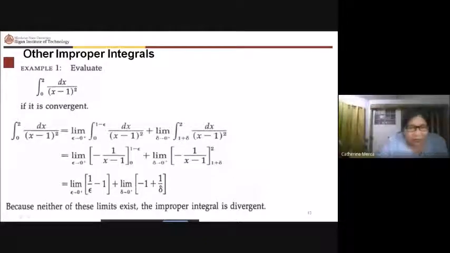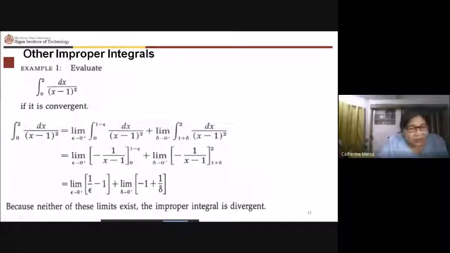Pero, pwede siya bahinon. That is, nagkuha mo from 0, and then sa dili pa siya makaabot sa 1, which is 1 minus epsilon dx, plus limit na pod, after na pod gamay sa 1, that is 1 plus a certain delta. So, kung asa siya ma-undefined, as long as defined siya within, undefined siya sa endpoints, di ba?